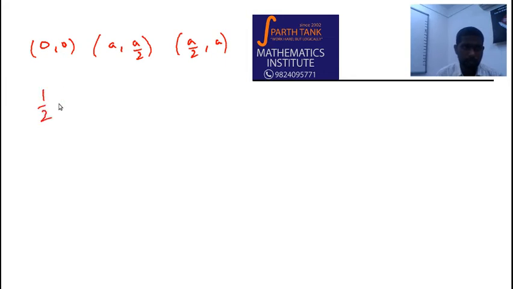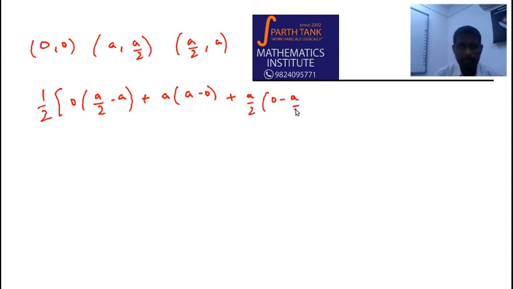So half of 0 into a by 2 minus a plus a into a minus 0 plus, and I get a by 2 into 0 minus a by 2, right?